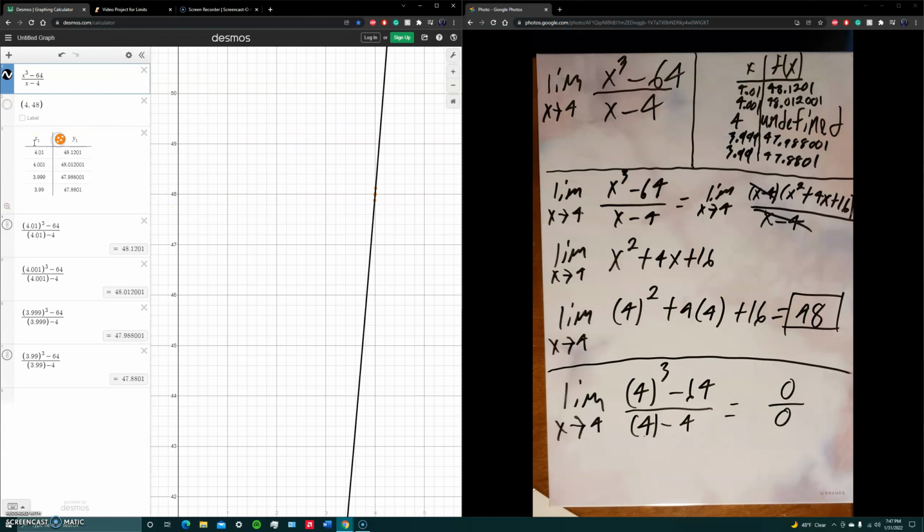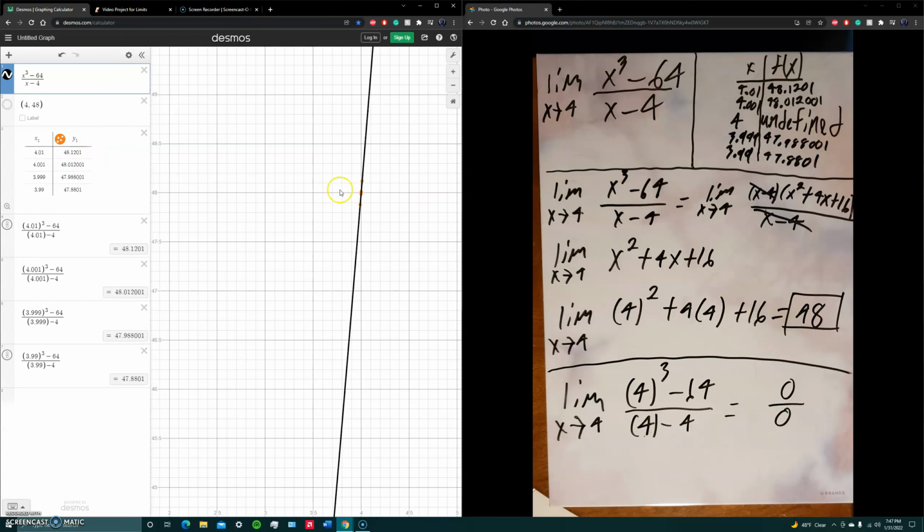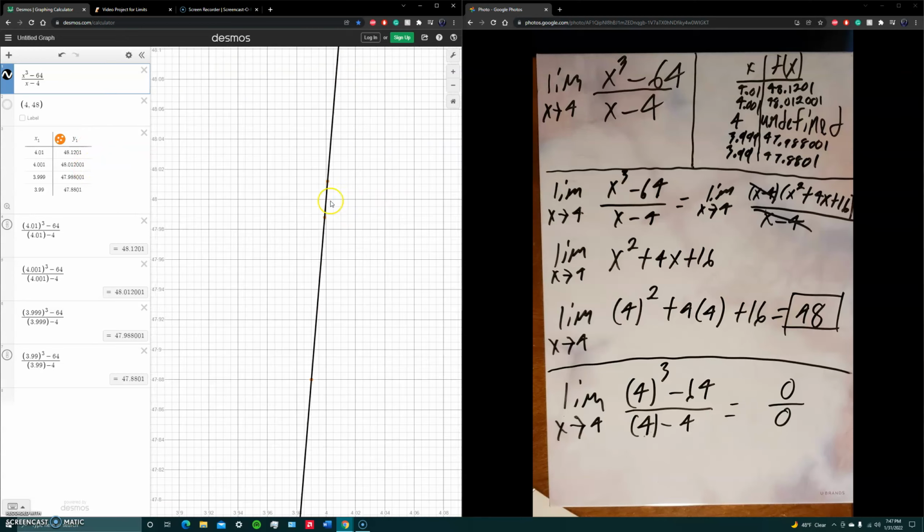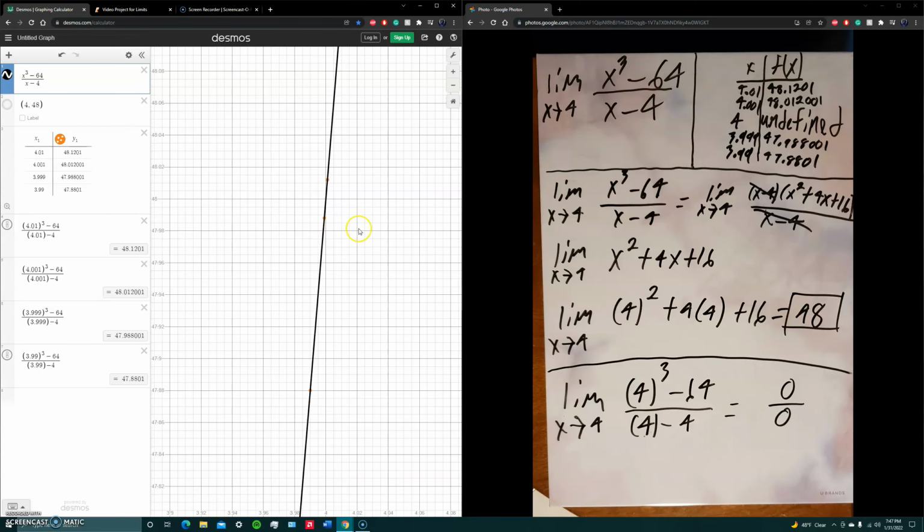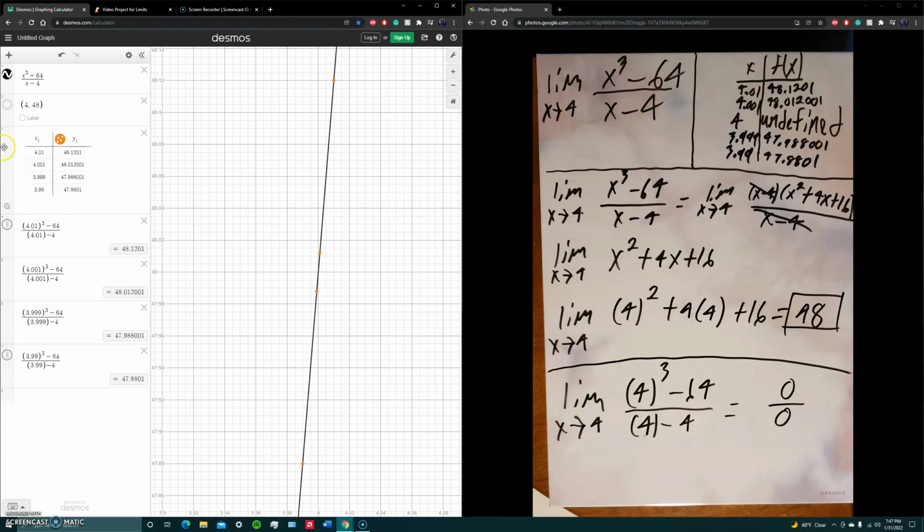Now, I've integrated this table to show that at these values, we can zoom in the graph, that as our x becomes 4, the answer gradually becomes 48. As we can see the trend, it starts to get close to 48 as we have 4 as our x.